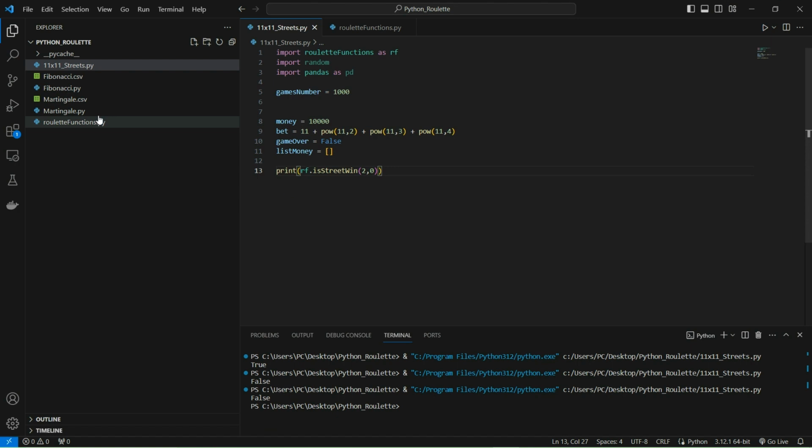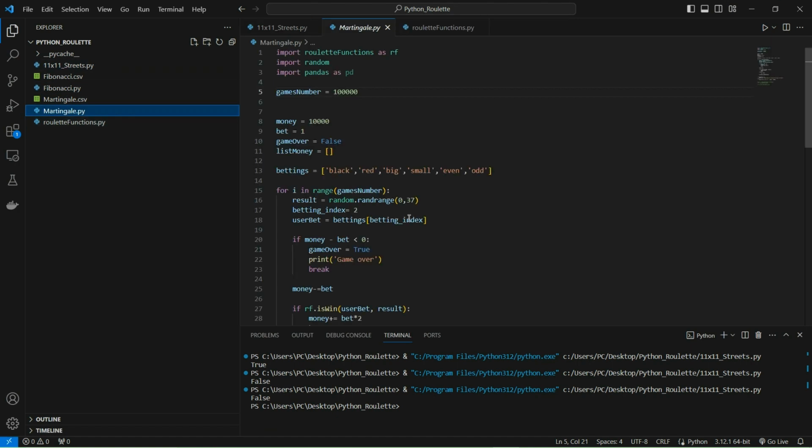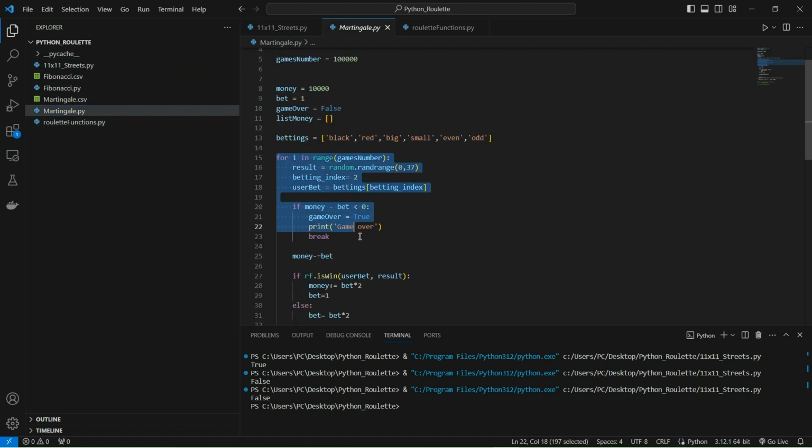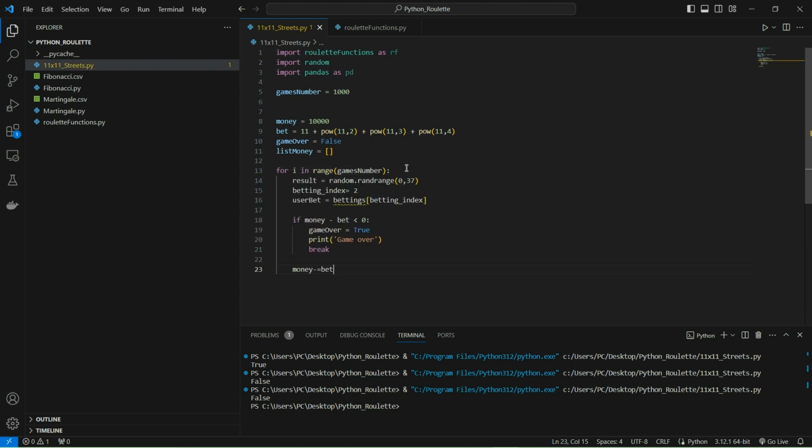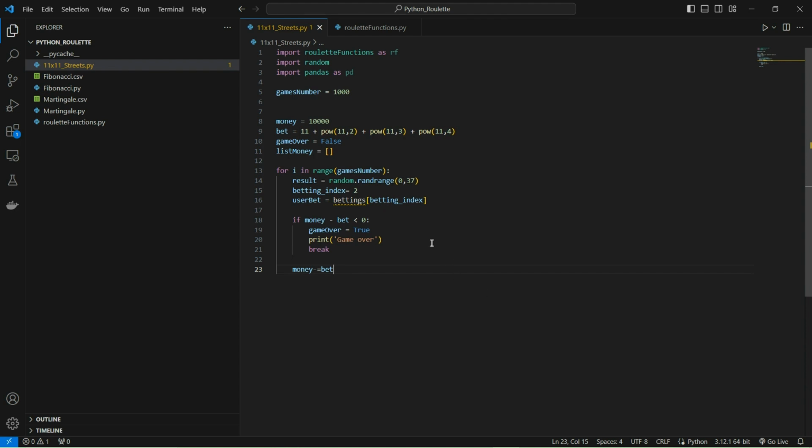Now I need a for loop, so I will go to the martingale file and I will copy this and paste here. I will delete this, paste here. And here, instead of user bet, I need the number of the street that I will avoid. So I will name that variable avoid street.